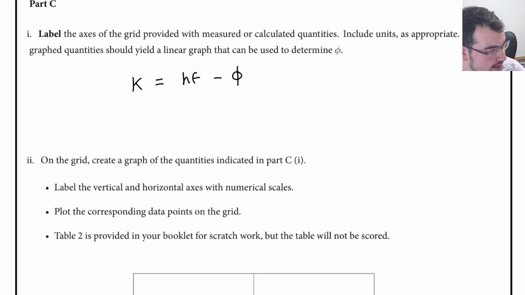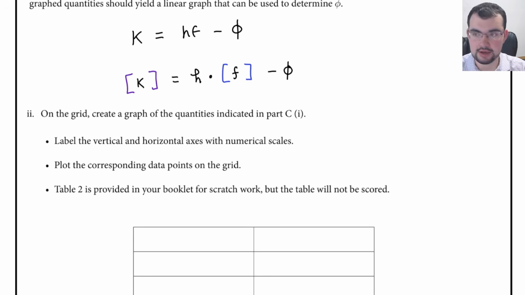We're trying to linearize. So notice I can definitely just put kinetic energy in a box. h is Planck's constant, so it is a constant, times the frequency, so that can go in a box because that was a variable, and then minus the work function.